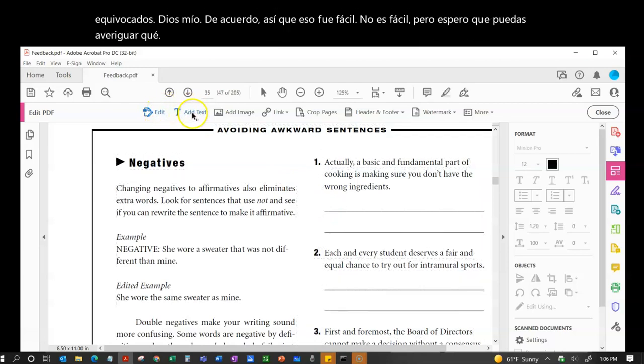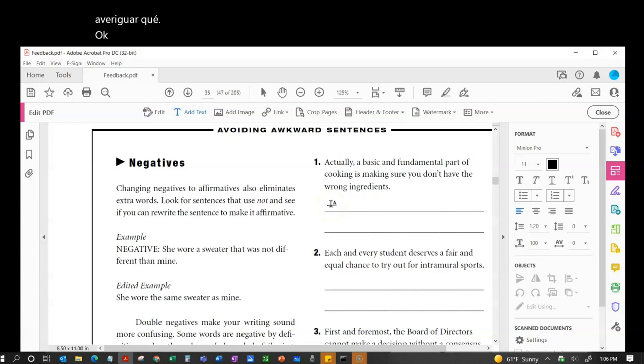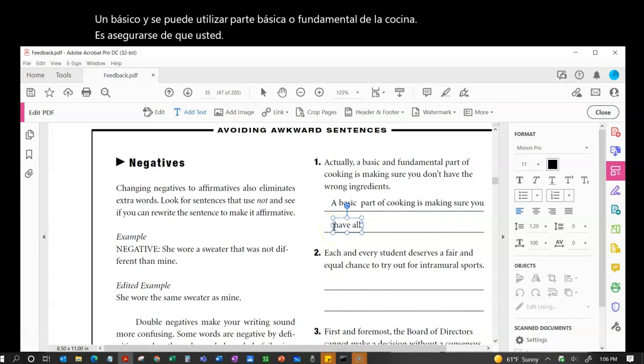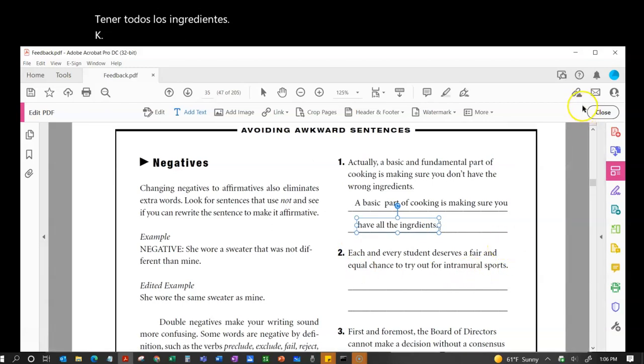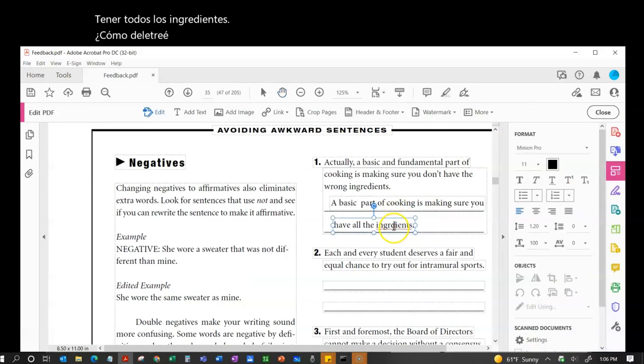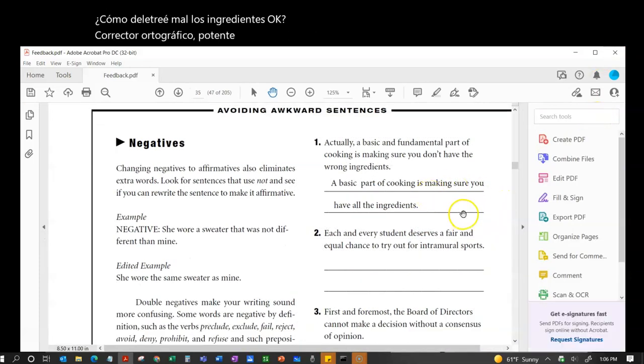Okay, a basic, and you can use basic or fundamental, part of cooking is making sure you have all the ingredients. Oh, did I spell ingredients wrong? Okay. Spell check. Powerful thing. Spell check it is. All right. A basic part of cooking is making sure you have all the ingredients, okay?